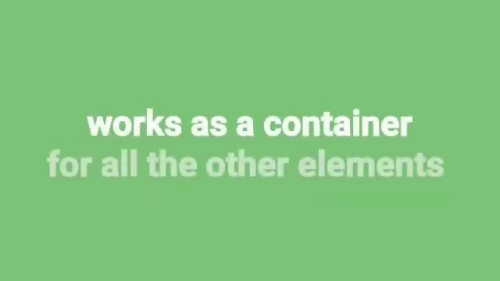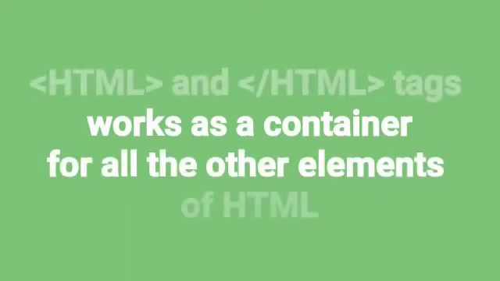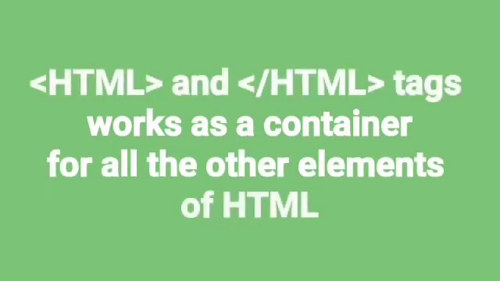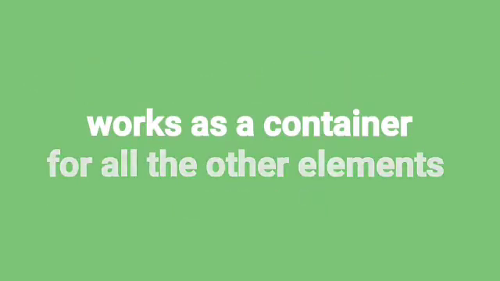So HTML works as a container for all the codes, right? It contains all the other codes of HTML. So first we will write HTML and end this HTML tag. We write HTML open tag and end this HTML tag. After HTML we include the head tag.